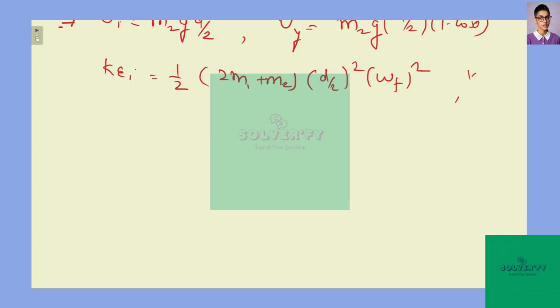And finally the system stops, so the final kinetic energy is zero. From energy conservation, the initial kinetic energy plus initial potential energy equals the final kinetic energy plus final potential energy.